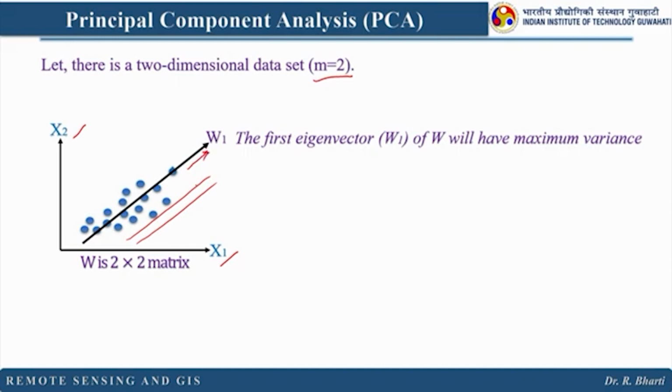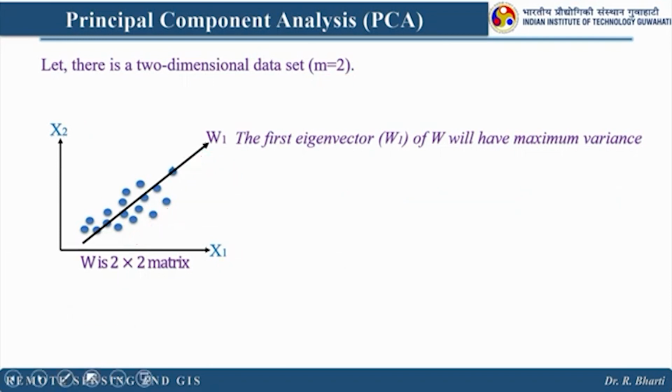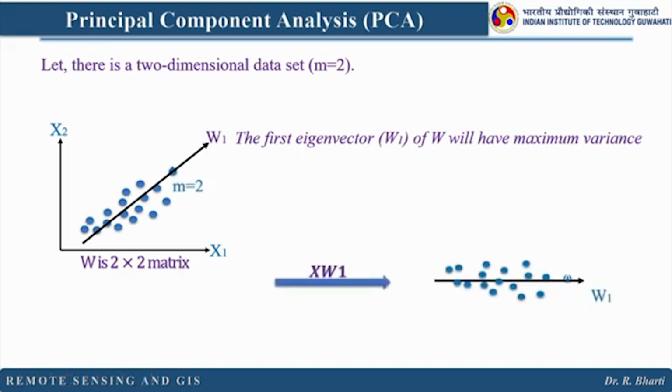We will use some angle to rotate this information. This is positive correlation, this is negative correlation, and if your data sets are distributed, then there is no correlation. So we will uncorrelate this data set by transforming it, changing the axis and rotating it.